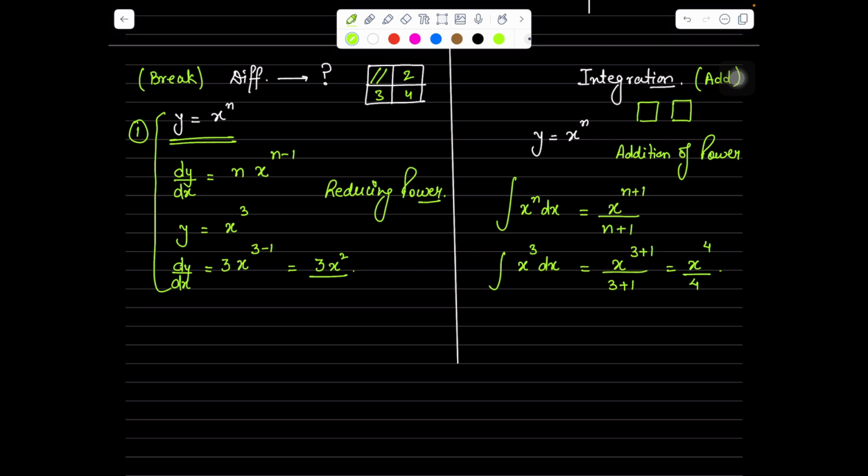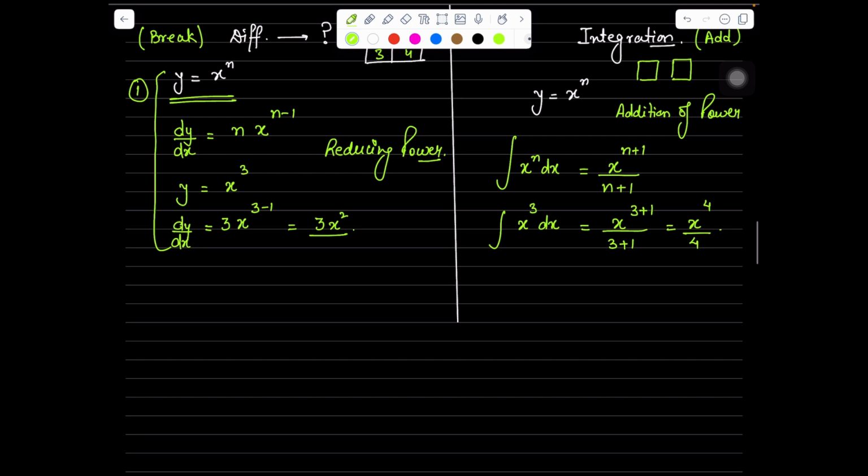Okay. Second thing, if you have any constant value, you need to focus, this is something important. Let's say y is equal to 5. Is there any x value? No. Can I say x raised to power 0?